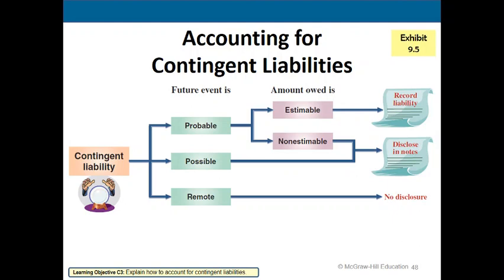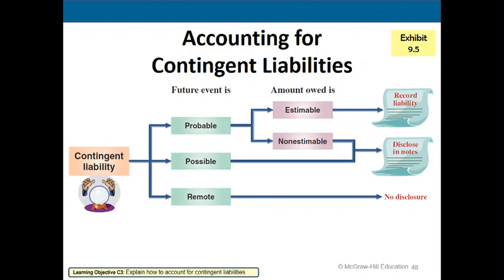Now, if it's likely to occur, you have to also determine whether or not the amount of the contingent liability is estimable. If it's estimable, you have to record the probable liability in your balance sheet as a liability. Well, what if it's probable but you cannot estimate the amount of the liability?